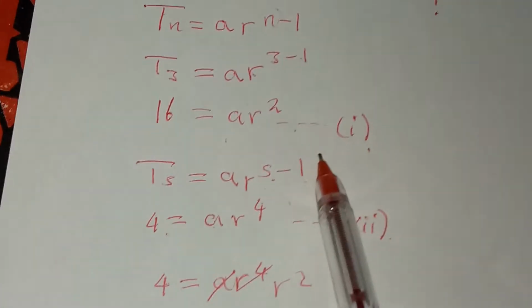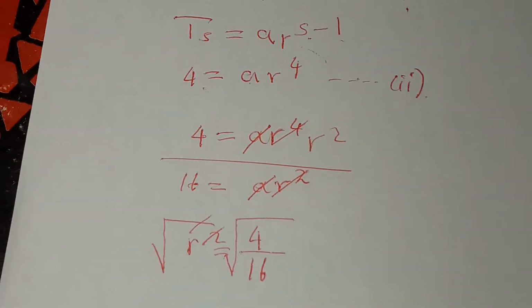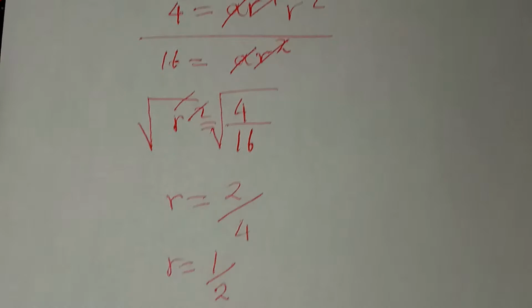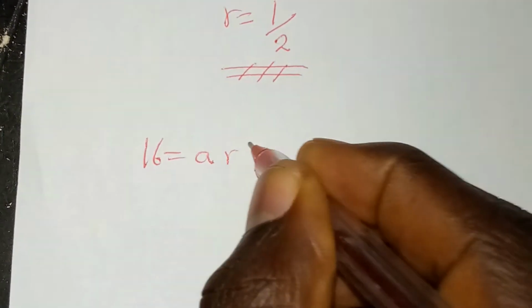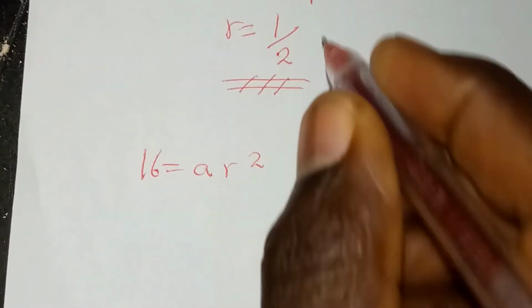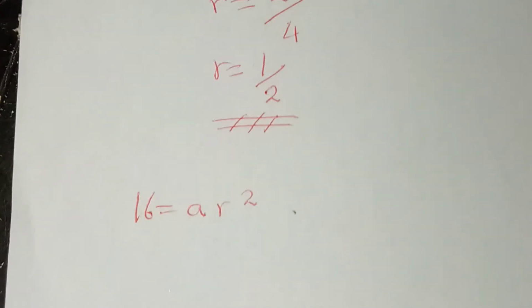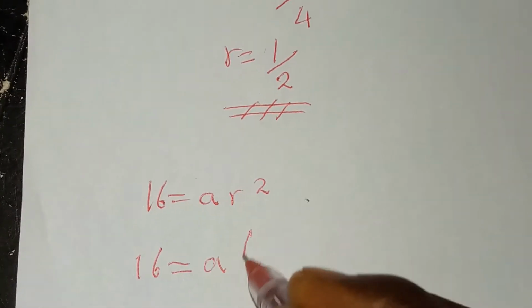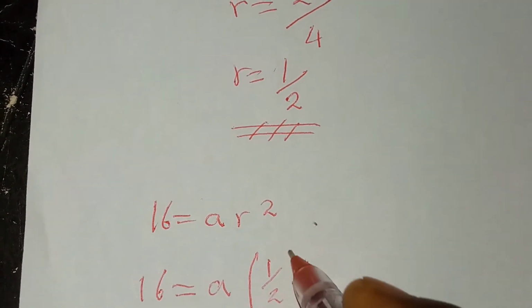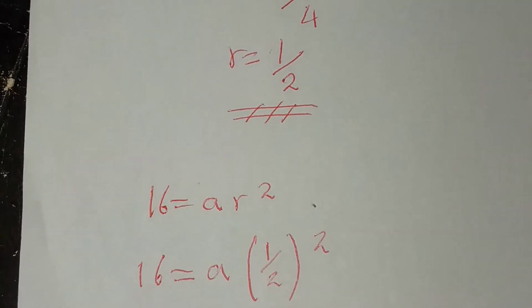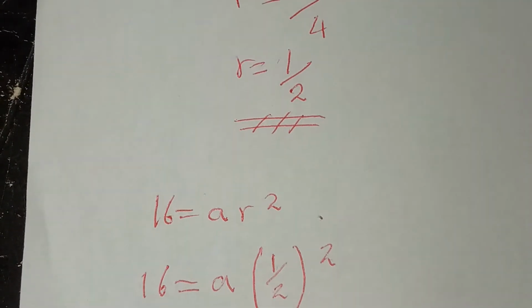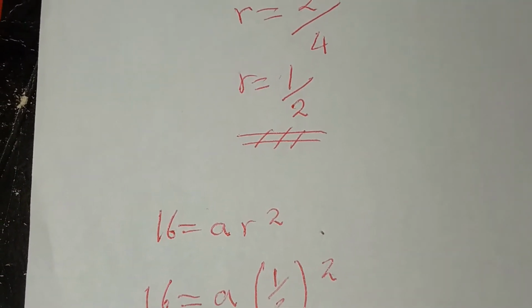Let's take the first one: 16 is equal to ar to the power 2. Where there is r, we have 1 over 2. So 16 is equal to a in brackets 1 over 2 to the power 2. Then 16 will be equal to a times 1 over 4.